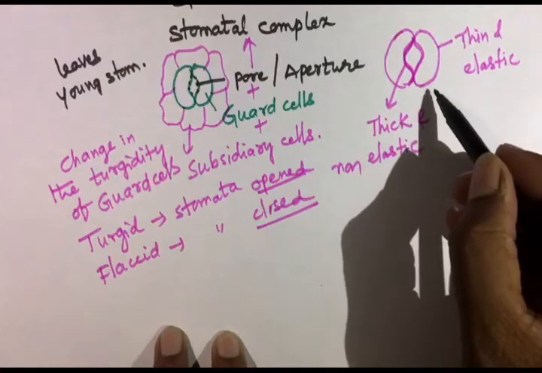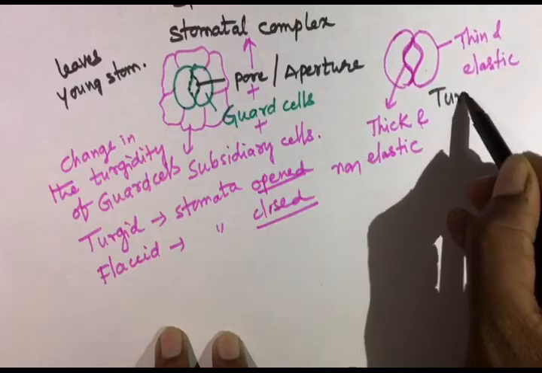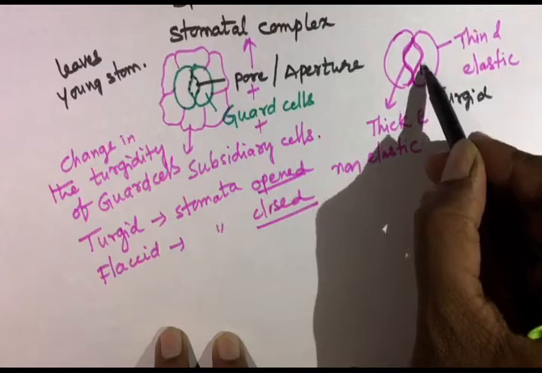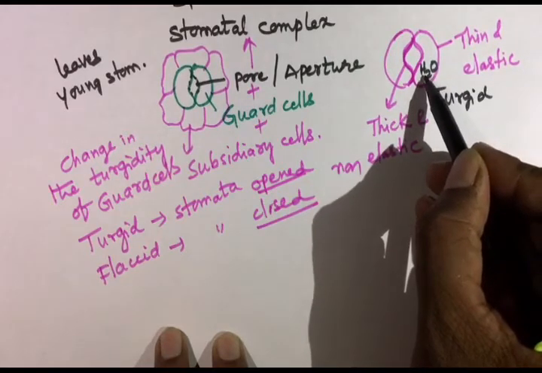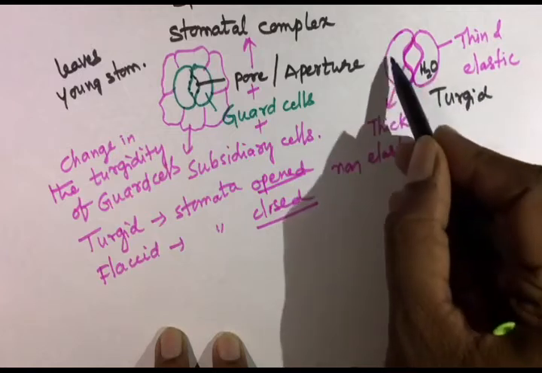If the guard cells are in turgid condition, meaning they are filled with water, the water which entered the guard cells creates pressure on the outer thin and elastic walls.